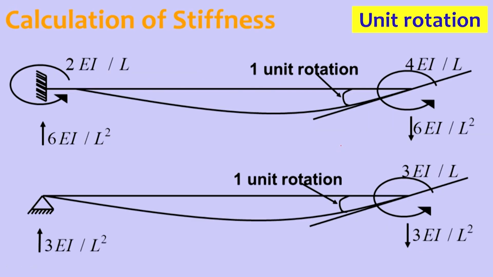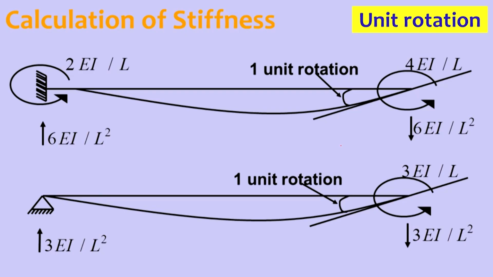Now how do we calculate the stiffness of the member, which is required for finding the stiffness of the structure or frame? Here we have a 1 unit rotation. A figure is shown on the slide.